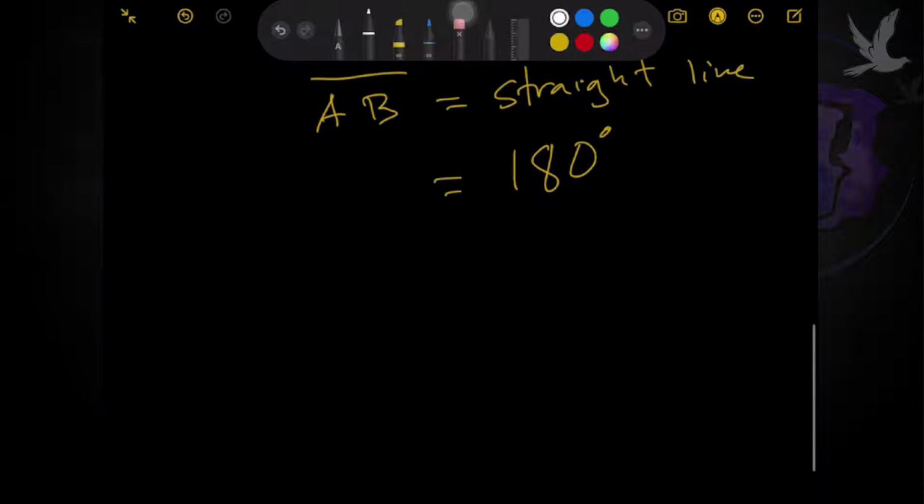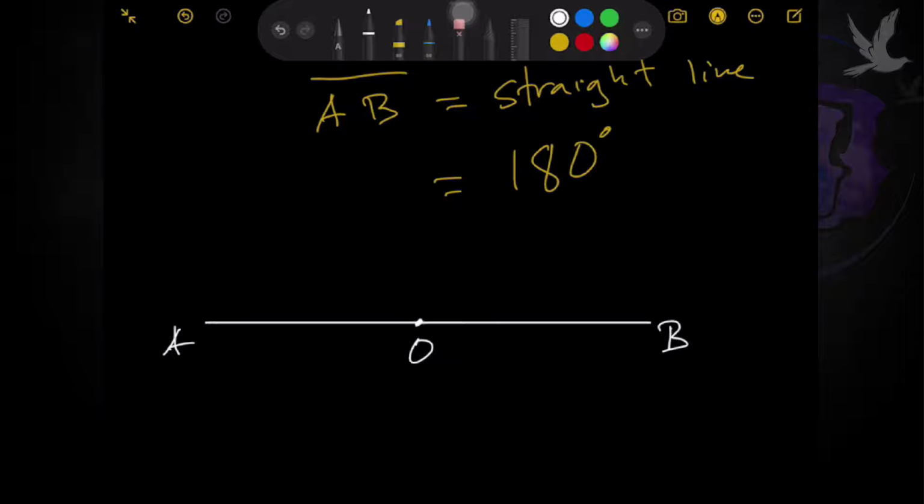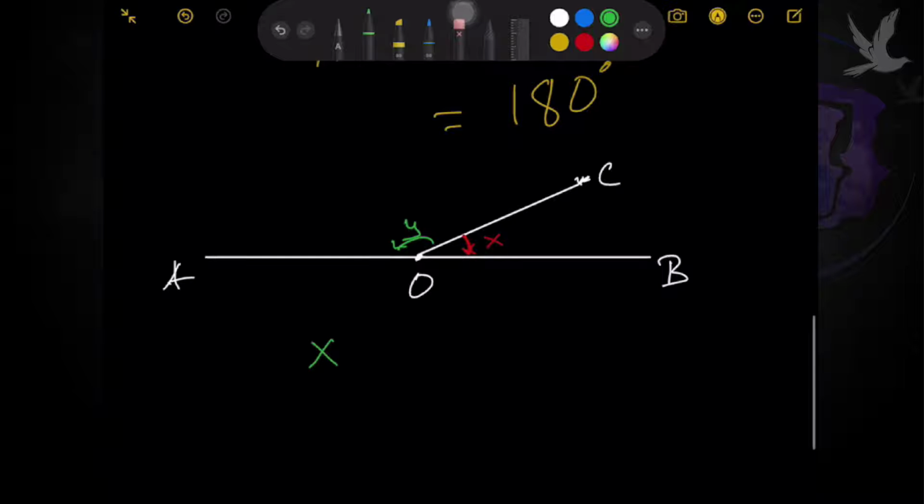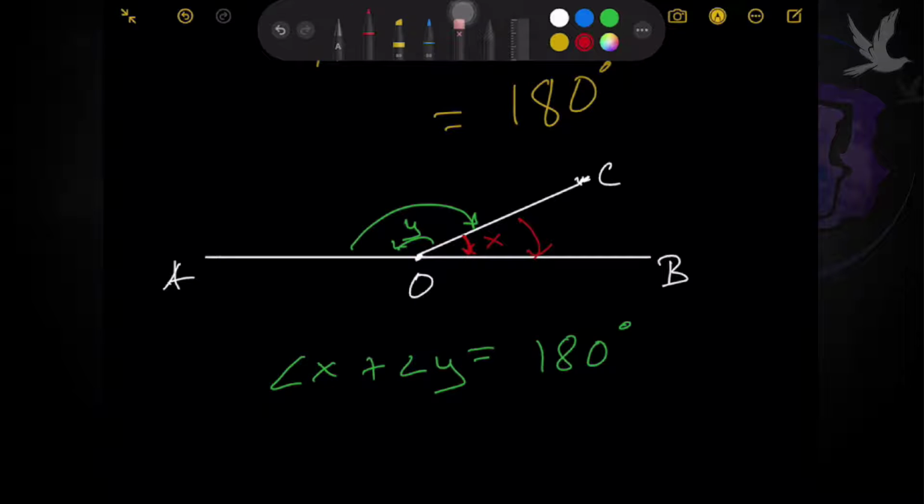It's always 180 degrees. So if we have a straight line with a vertex, and we draw another line here with point C, we can name this angle X and this angle Y. If you add them both, angle X plus angle Y, this will always give us 180 degrees, because we are adding this angle plus this angle, which together form the straight line AB.